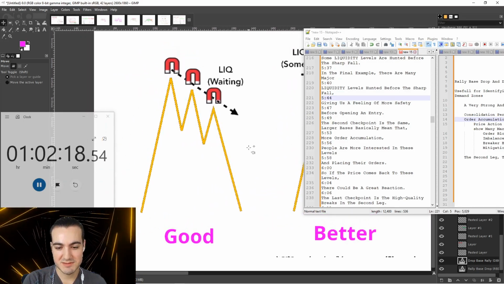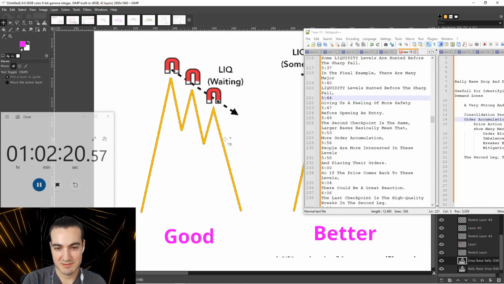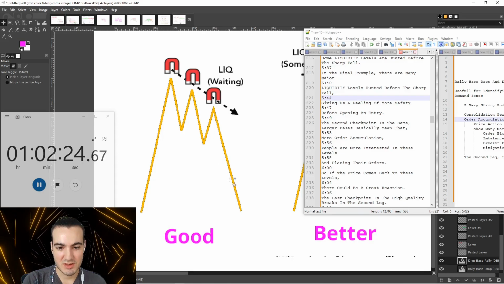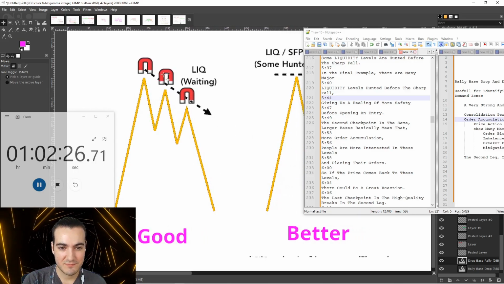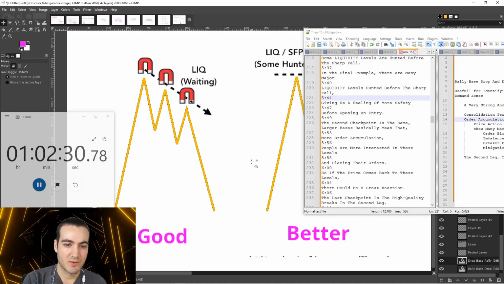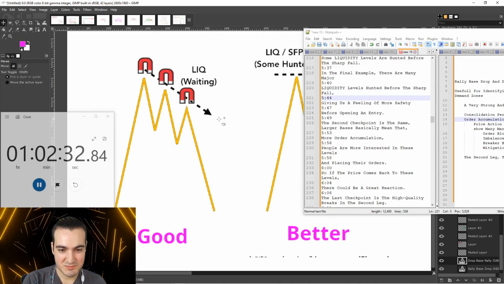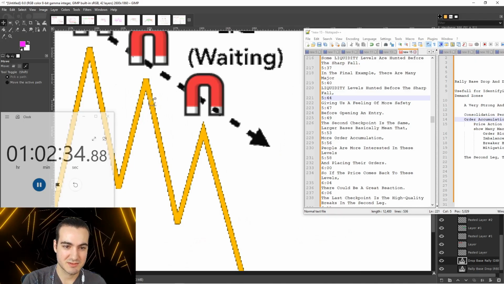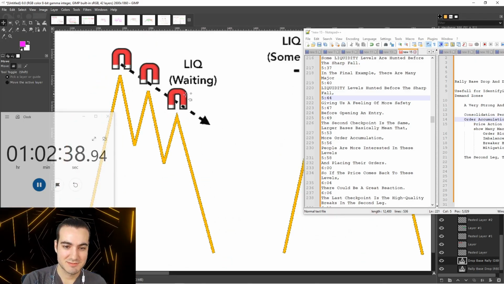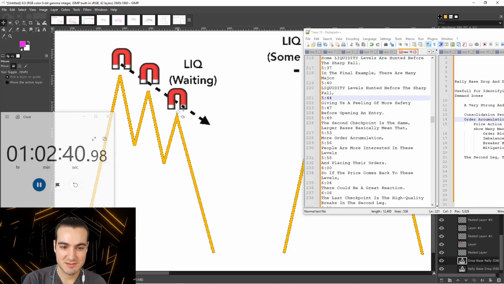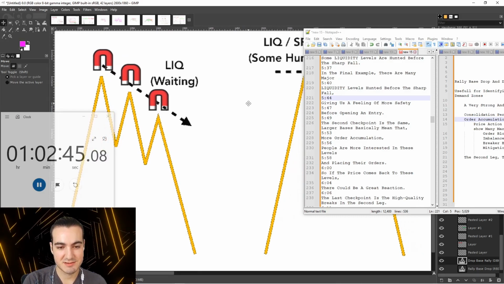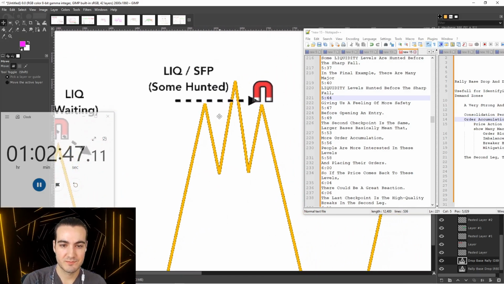So in the first example, we have good, which is still a rally-base-drop, but we have these ascending points of liquidity where price will naturally want to gravitate towards, and not just towards, but a little bit higher. So if we put a stop loss at any one of these points, there's a good chance the price will rise above it a little bit.